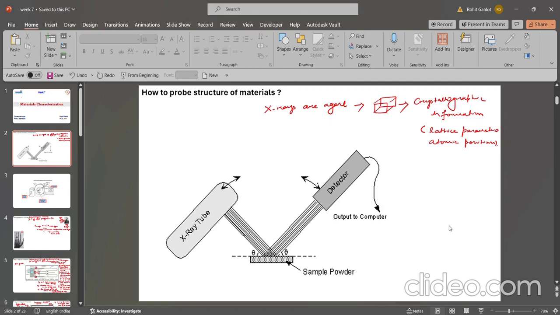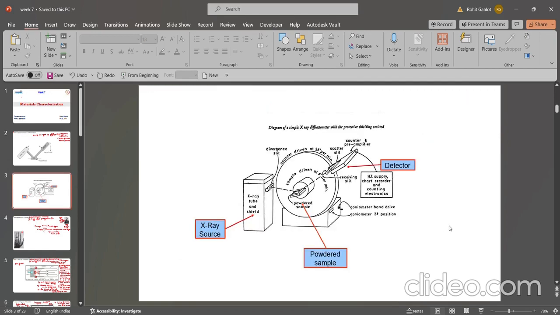This is the diagram of a simple XRD with a protective shielding emitter. This is your X-ray tube and your shield, and this is your sample holder, and here is the divergence slit, and this is your counter and pre-amplifier, and then the detector.